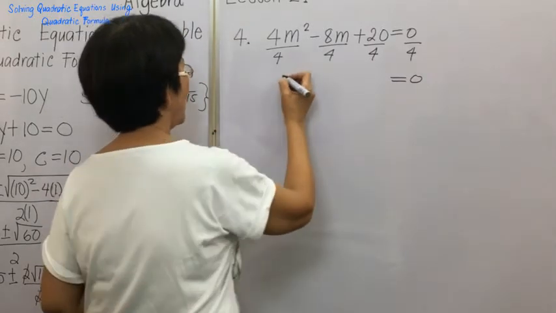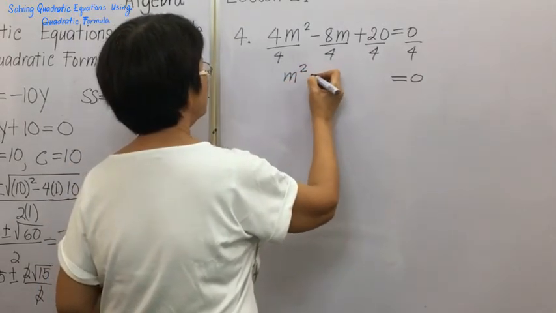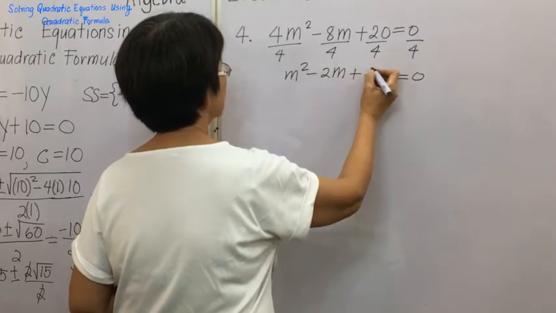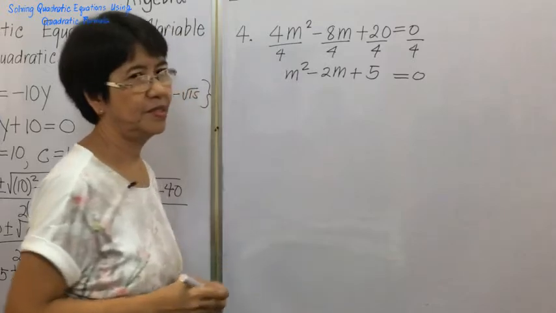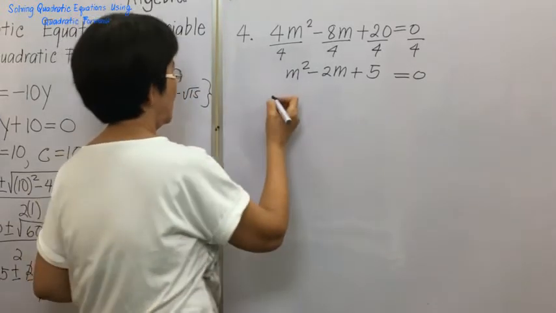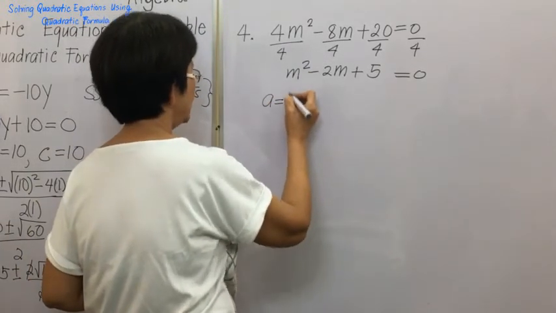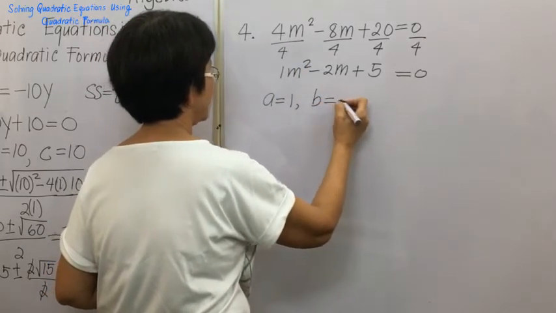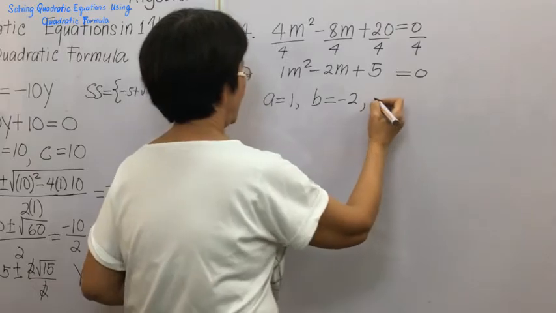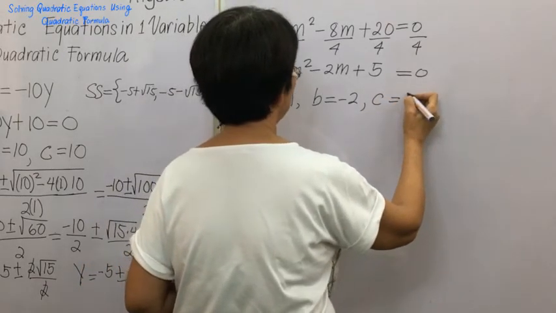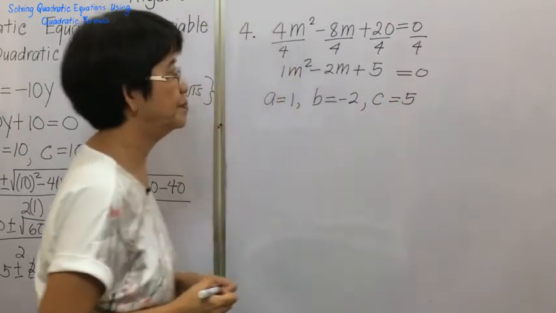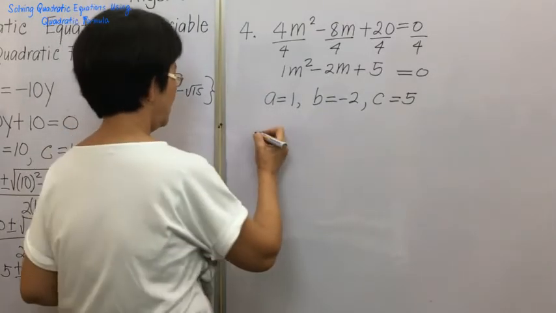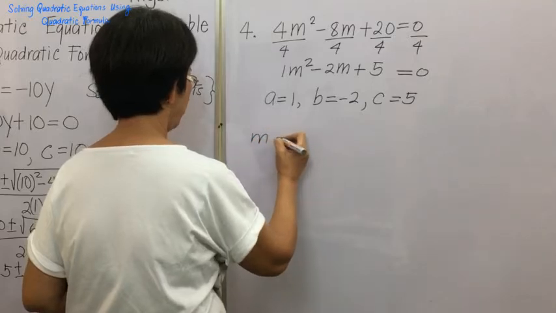So we have m squared minus 2m plus 5. So we'll be using a equals 1, where this is 1, and b equals negative 2, and c equals positive 5. And then our variable is m, so we will just change the x to m.